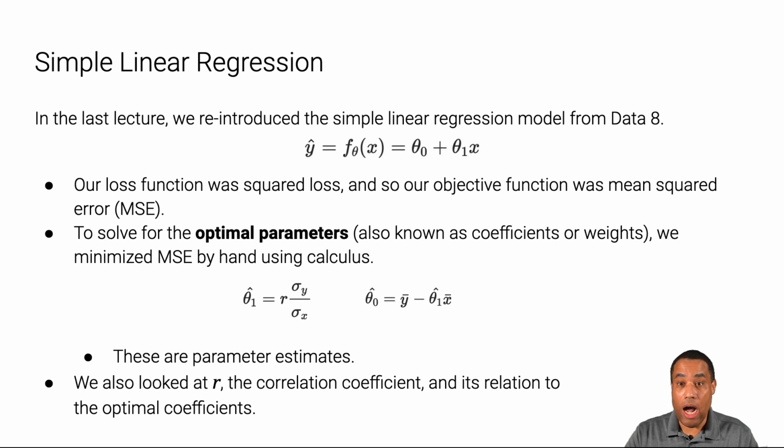We determined the optimal parameters or parameter estimates by minimizing the average squared loss or mean squared error. So we have theta 1, the optimal slope, equal to r, the correlation coefficient, times the standard deviation of y divided by the standard deviation of x. And we have theta naught, or the optimal intercept, equal to the mean of the y's minus theta 1 times the mean of the x's.